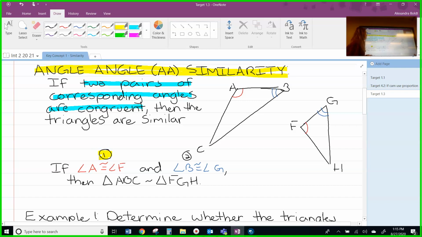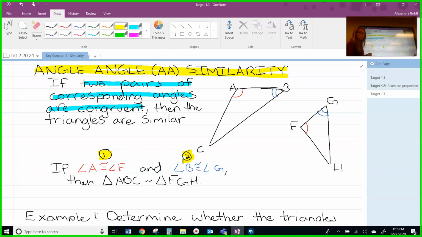And angle B is congruent to angle G because it has the correct amount of tick marks. Then triangle ABC is similar to triangle FGH. Okay? So it's a lot shorter and a lot quicker than the way we were doing it yesterday.